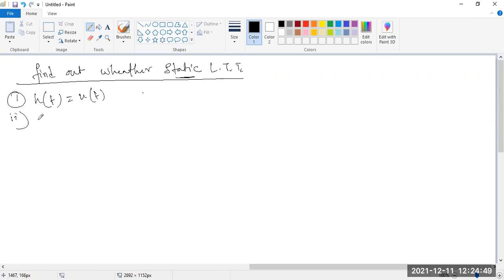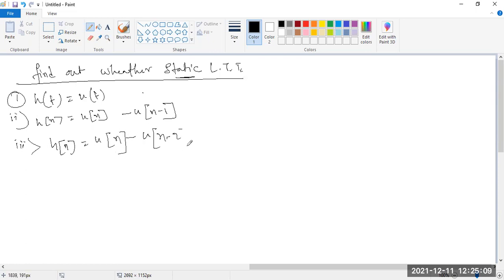Second, h of n equals u of n minus u of n minus 1. Third, h of n equals u of n minus u of n minus 2. Just examine these terms, whether they are static or not.